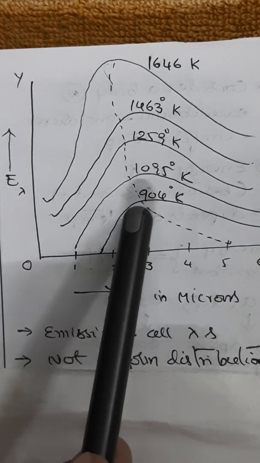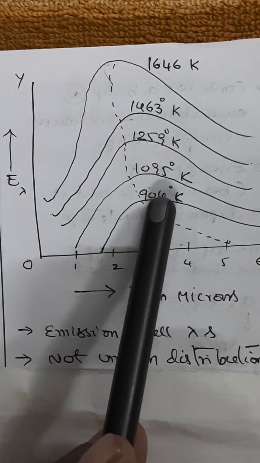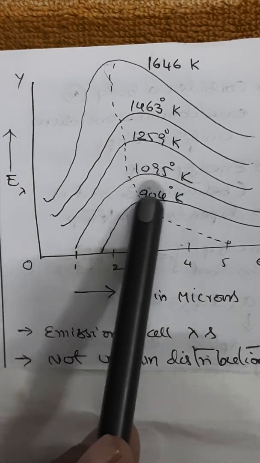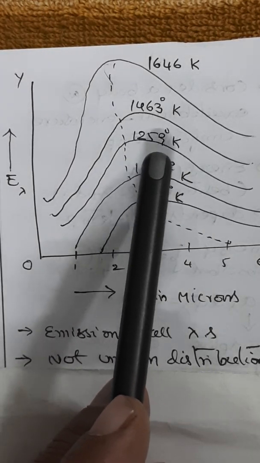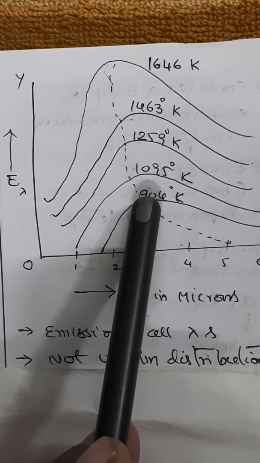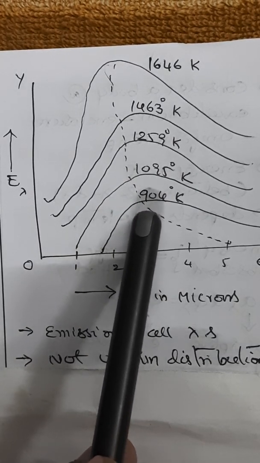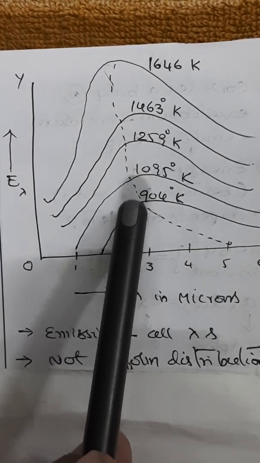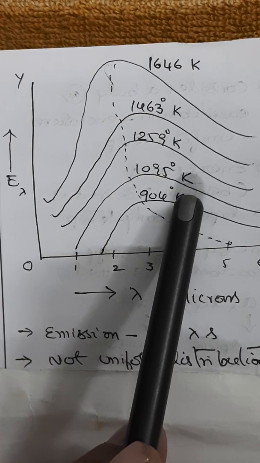And then, at a given temperature, the energy is not uniformly distributed. There is a difference. As the temperature of the black body increases, the intensity of radiation for each wavelength also increases.